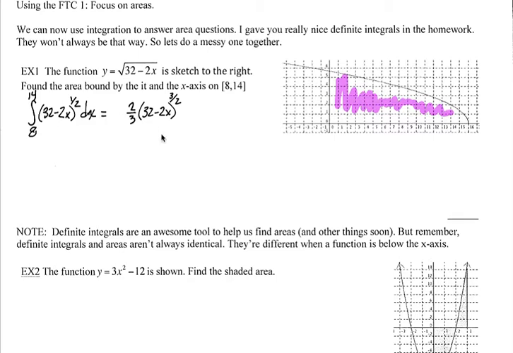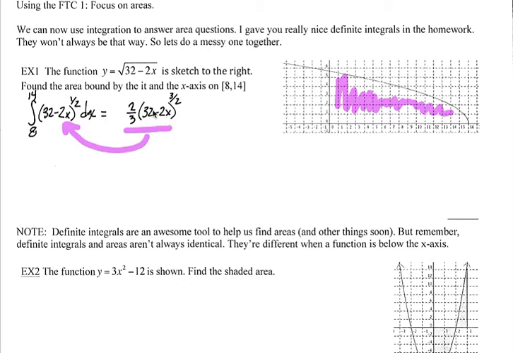And then the other thing I have to pay attention to is that when I take the derivative of all of this, again, I'm trying to take the derivative of this so that I get back to that. So when I take the derivative of this function that I'm building, I'm going to end up using the chain rule. So I have to pay attention to the fact that I have this inside function, 32 minus 2x.